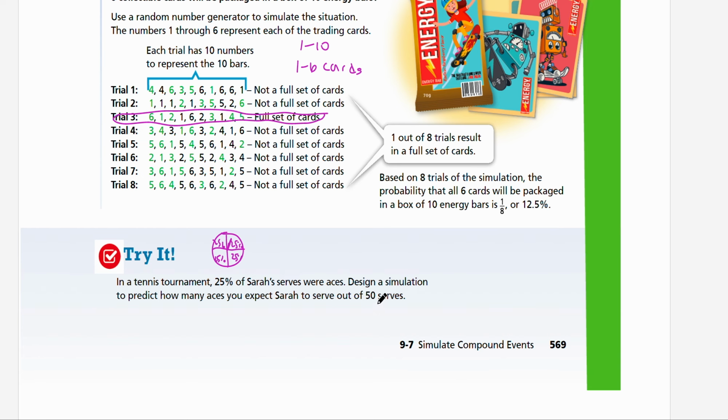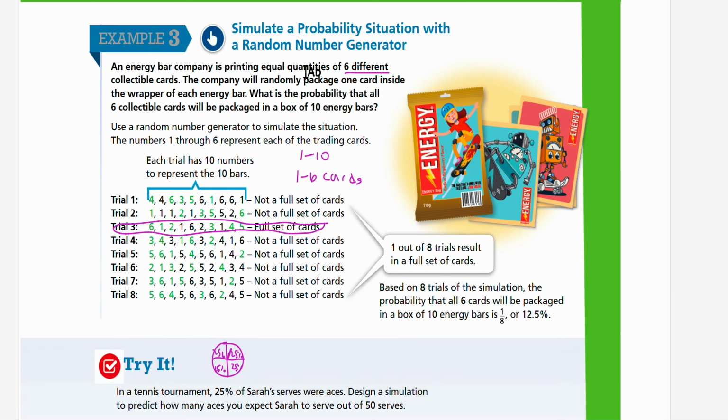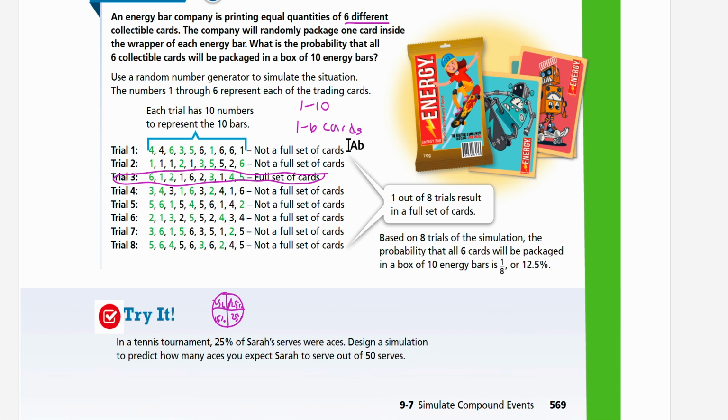So you don't actually have to simulate it, you just design a simulation. So one method is using a spinner. Another method, you could also use a random number generator, but you have to set the numbers only from 1 to 4, and then you can represent number 1 to be aces. So you need to make sure that your sample space matches, and then you have a number that represents the event.